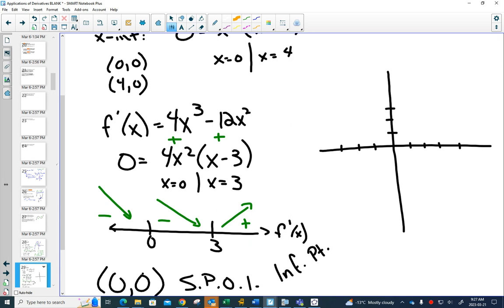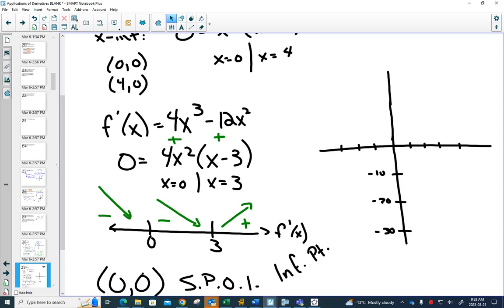I am going to cheat a little bit on my x-axis and just go 10, 20. Again, when we go to graph things, we have to think, what information do I have?